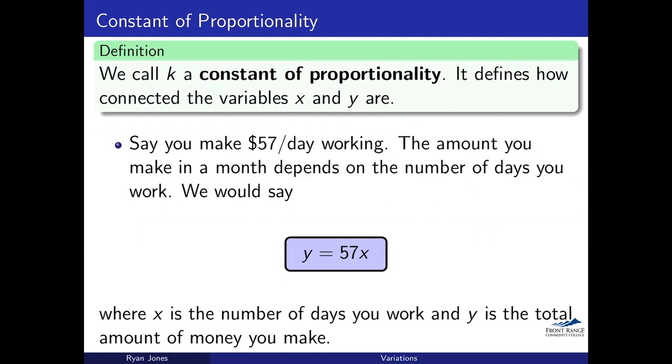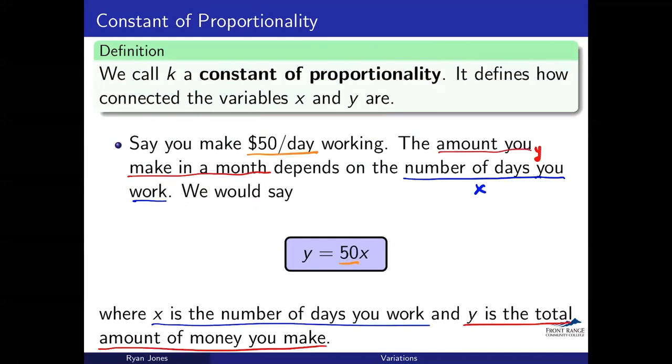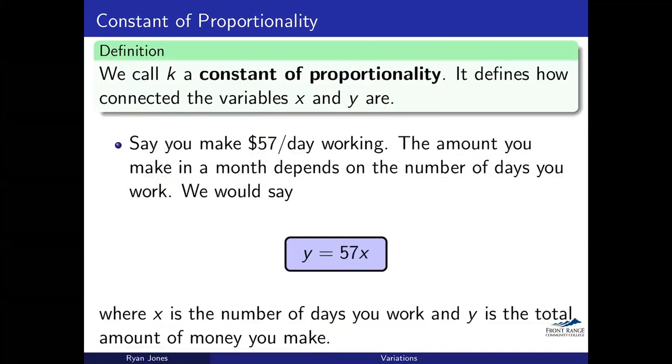And so that's this idea that as the constant of proportionality changes, in this case being 57, in this case being 50, so does the relationship between x and y. The more days I work at $57 per day, I make a lot more money than I did at $50 a day.